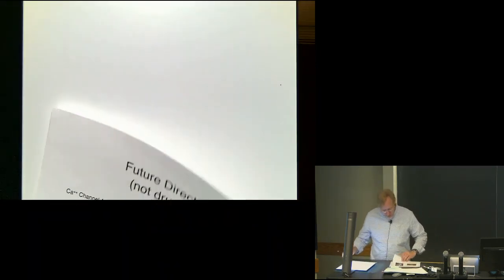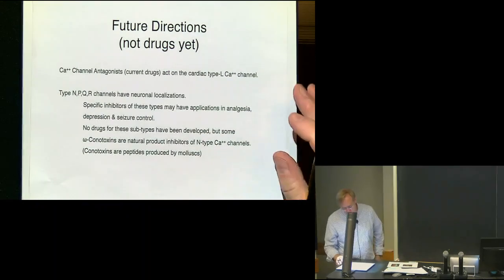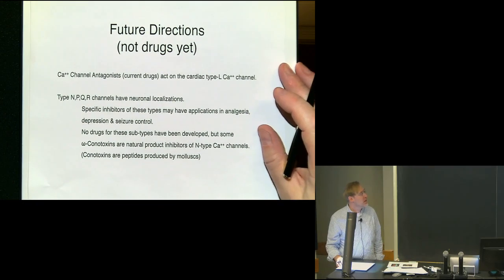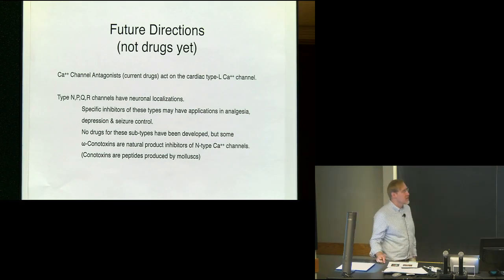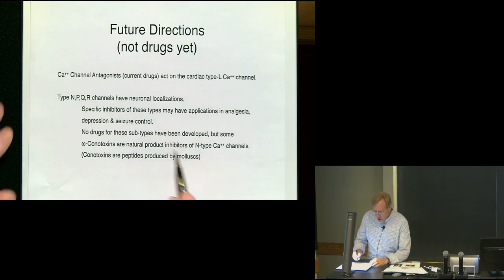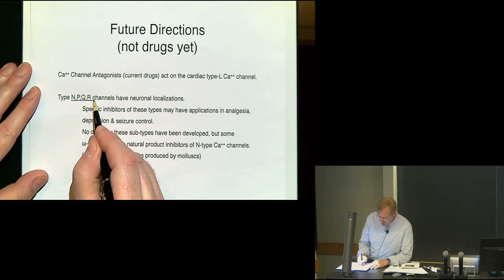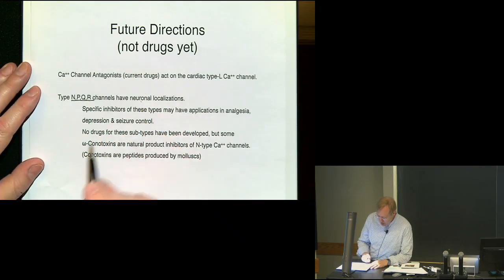Just for the last minute, sometimes I like to say what's coming down the pipeline. The current calcium channel blockers act on the cardiac L-type calcium ion channel, but there are a lot of other channels, N, P, Q, and R, that have locations in the brain.